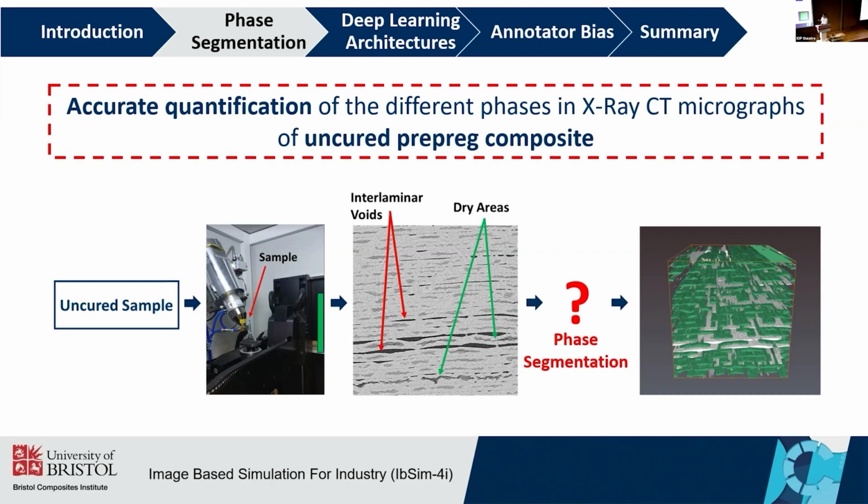Whereas there are other dry areas that are less bright and less dark, because they are mostly formed by fibers and a lesser portion of air. So that will actually influence a lot how accurate the segmentation process is.